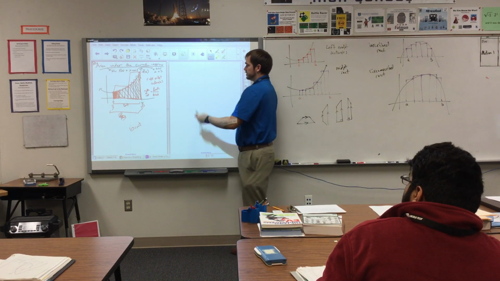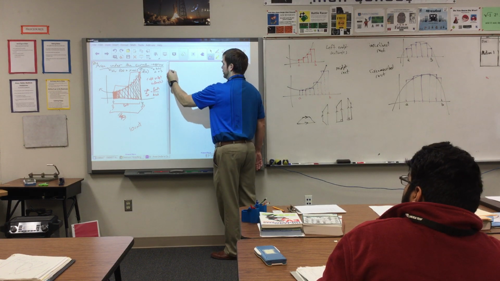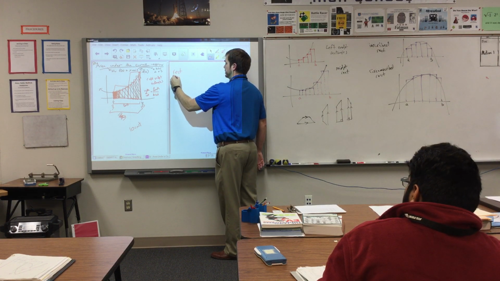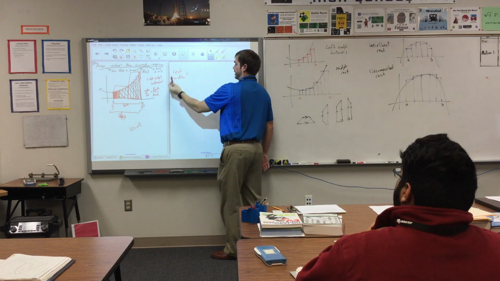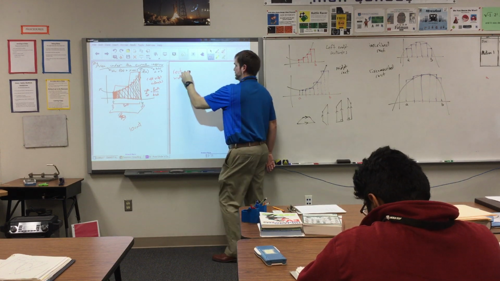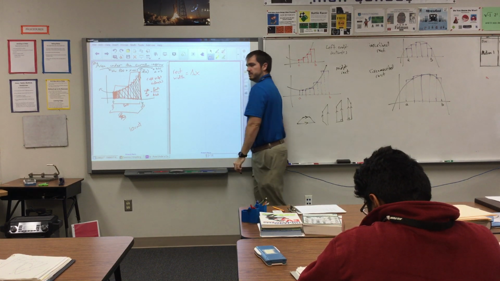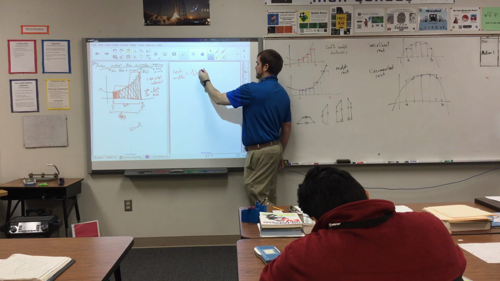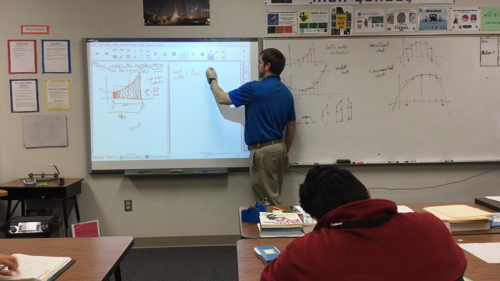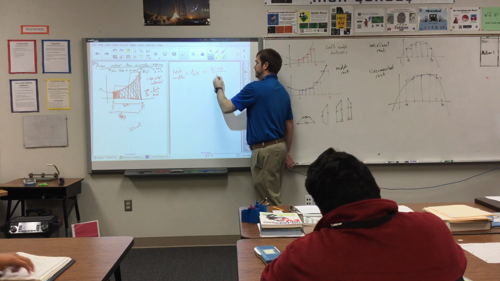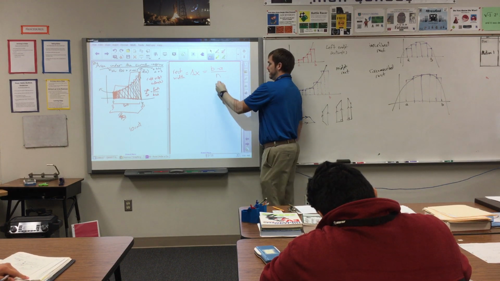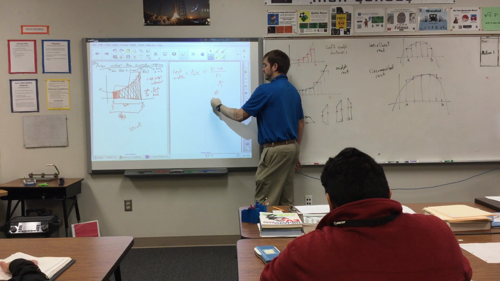So here's the actual formula. Rectangle width, since this is on the x-axis, we call that delta x. So delta x equals b minus a divided by n, where n is the number of rectangles.